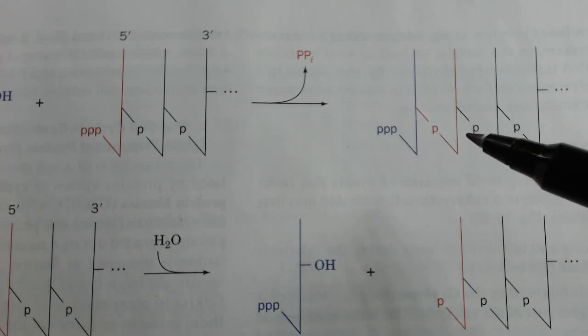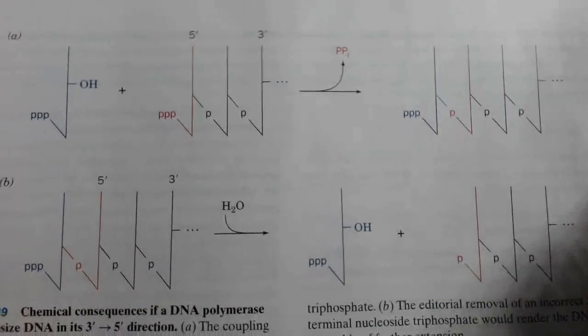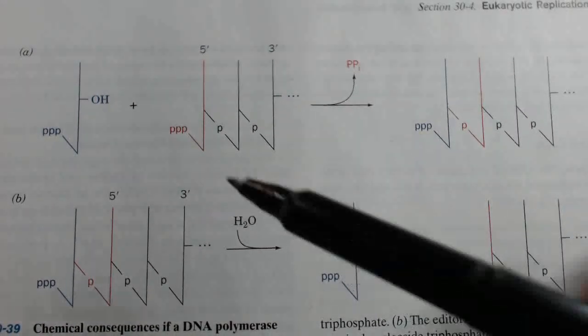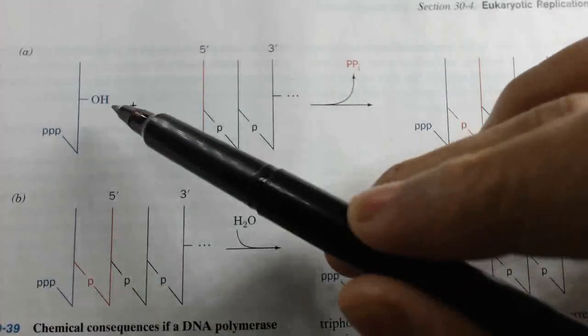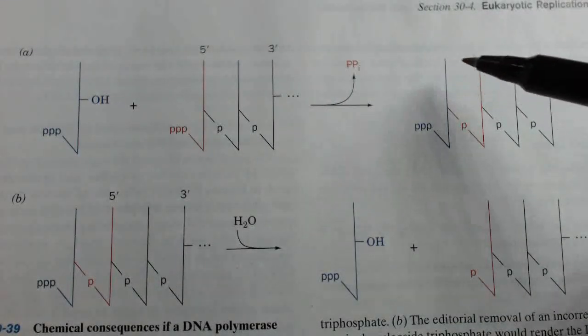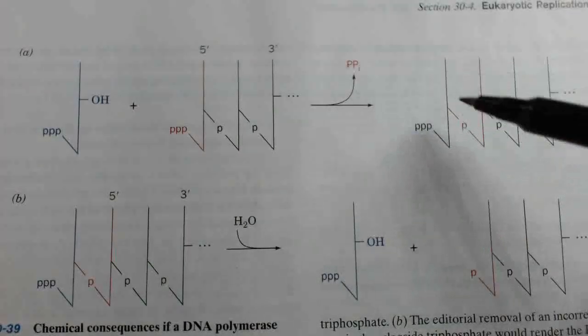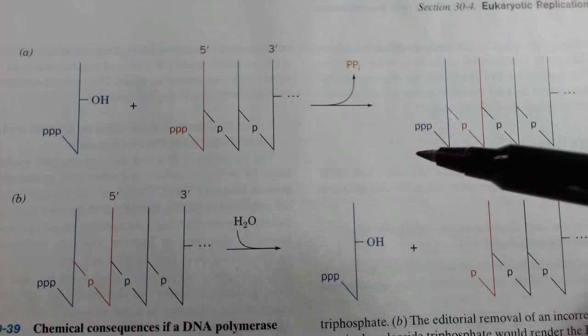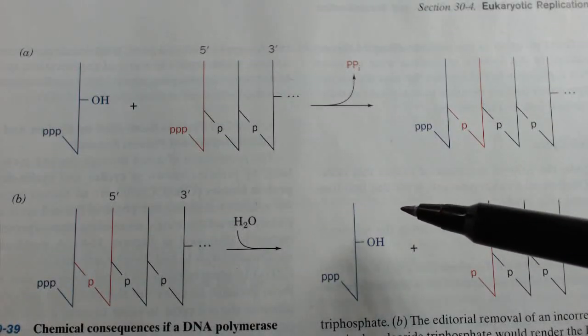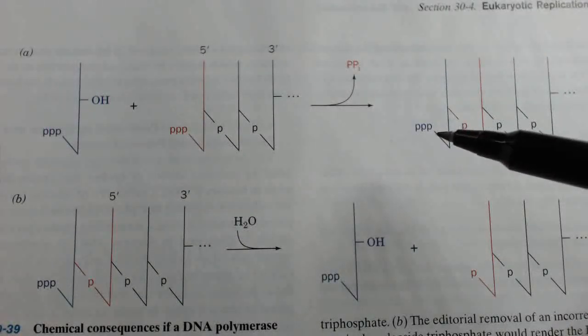The same thing will happen. If I zoom out a little bit here again, in this picture, this was the dNTP. The hydroxyl attacks this phosphate, two phosphates are released and they are now attached with each other. Previously there were three nucleotides, but now there is another one. So for this polymerization, they definitely need a free 3' hydroxyl as well as a 5' triphosphate to occur properly, right?